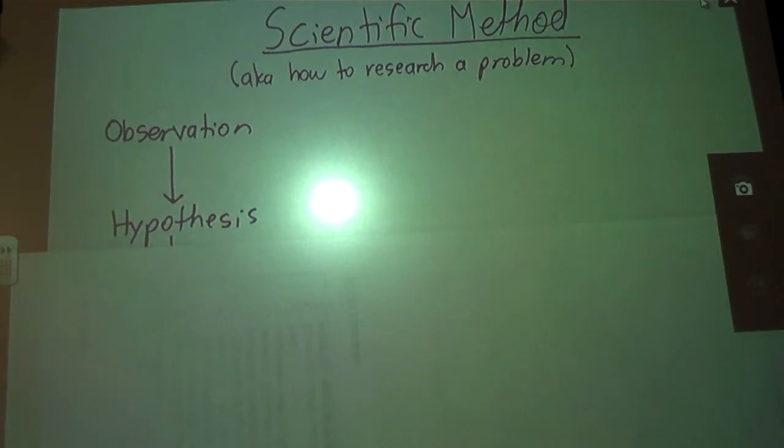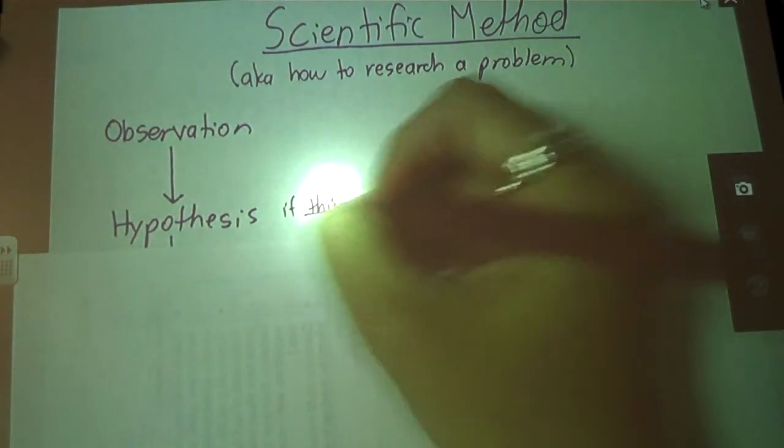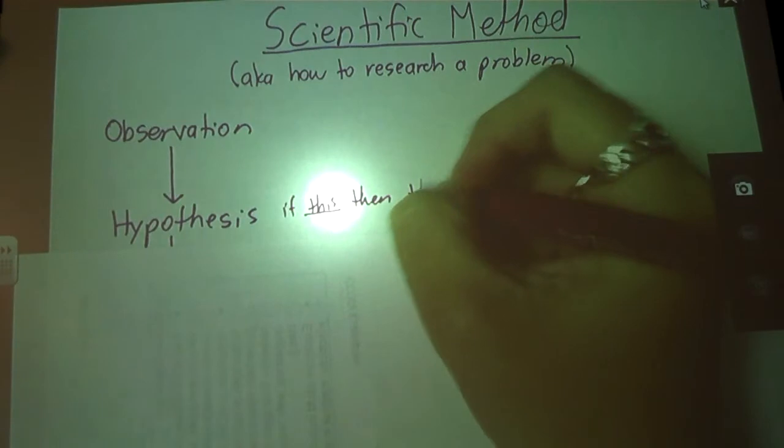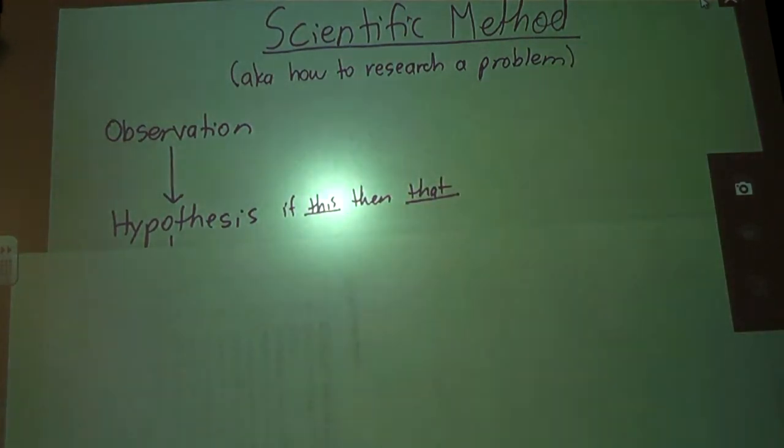In the beginning of your scientific education career, the hypothesis is usually defined as an if this, then that kind of statement. But as you get deeper into your science classes, you will discover that that particular formula does not always work. To shoehorn a hypothesis into that format is unnecessary.